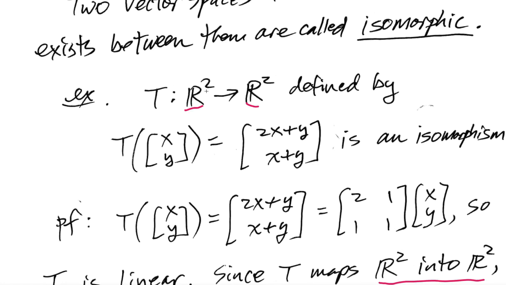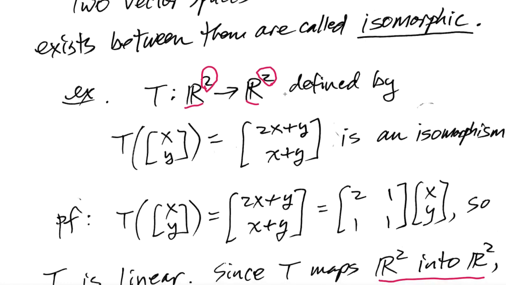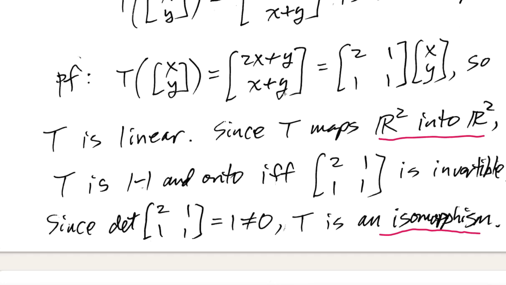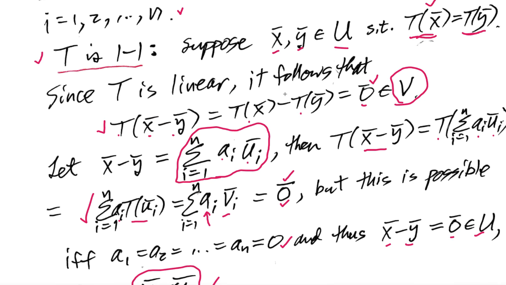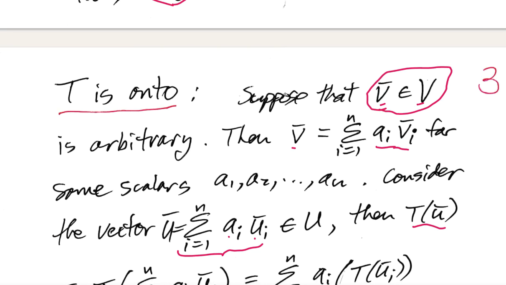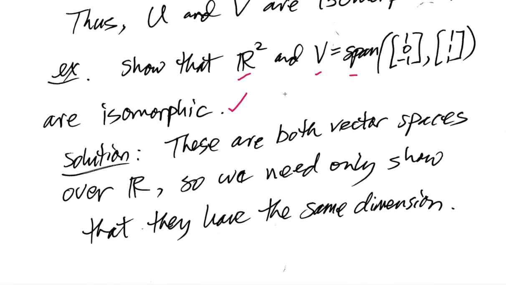This time, you notice I'm not mapping from R to the M into R to the N. So I can't access that theorem that I used in a previous video here, because my mapping isn't like that.